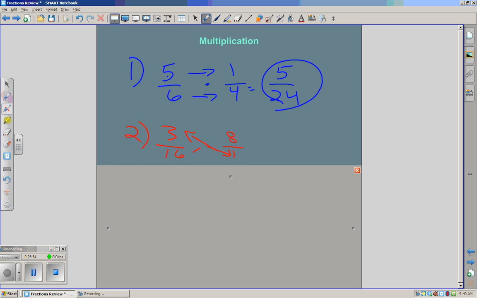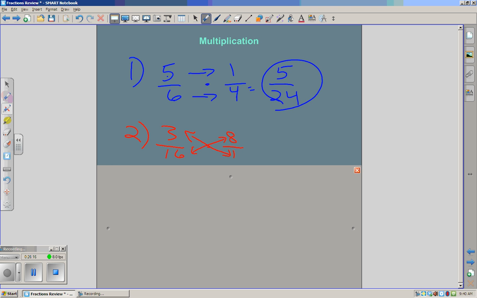There's an across and there's an across. Now, when I look crossways, I see if either of those can be reduced or divided by the same number. 3 and 1 cannot be reduced. 1 is already in its simplest form, so we don't need to reduce that. However, 8 and 16 can be.